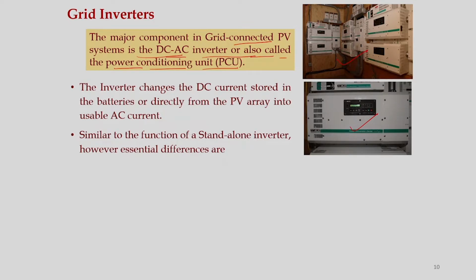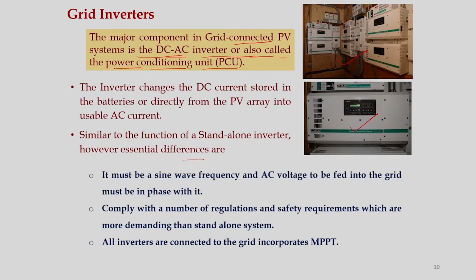If we compare with the inverter available for standalone systems, there are some differences. The inverter used in a grid connected system must produce a sine wave, and the AC voltage and frequency to be fed into the grid must be in phase with it.